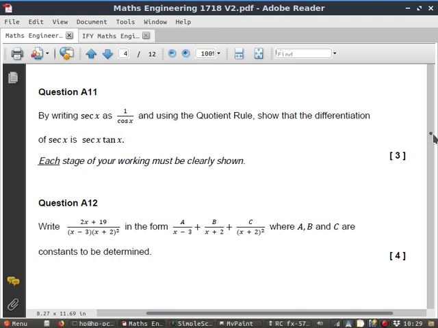Seconds, what? Wrong with that. No, they tell you in the question what it is. It's wrong. Close?